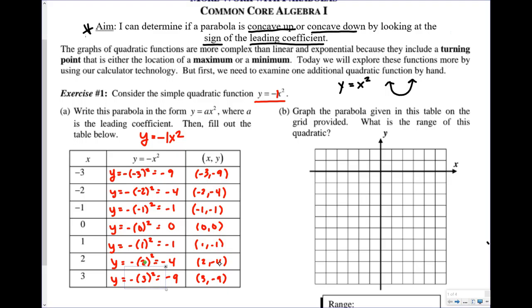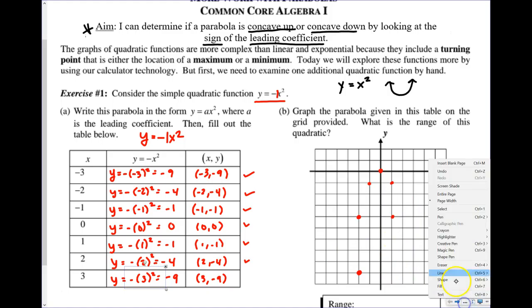Okay, so now we're going to graph these points. So the first point is negative 3, negative 9. That's going to be here. So that's that point. Negative 2, negative 4 is right here. Negative 1, negative 1 is here. And 0, 0 is right here. Now I'm going to do the other side. They're going to be symmetrical. 2, negative 4 and 3, negative 9.